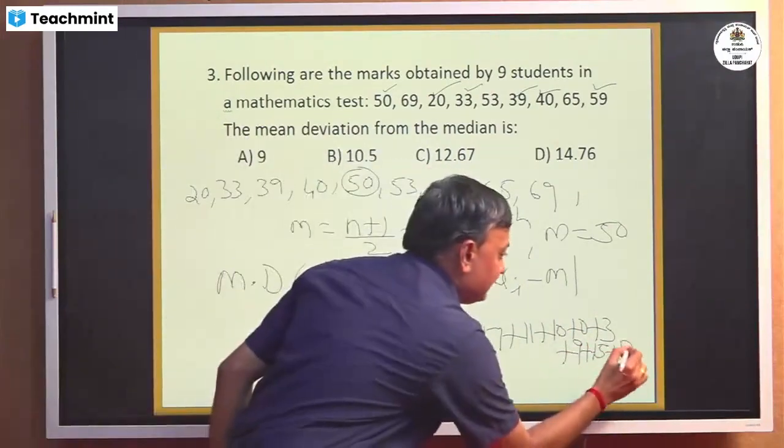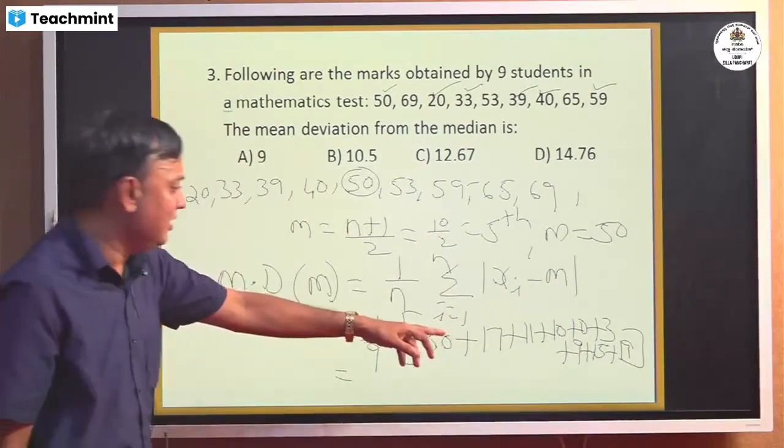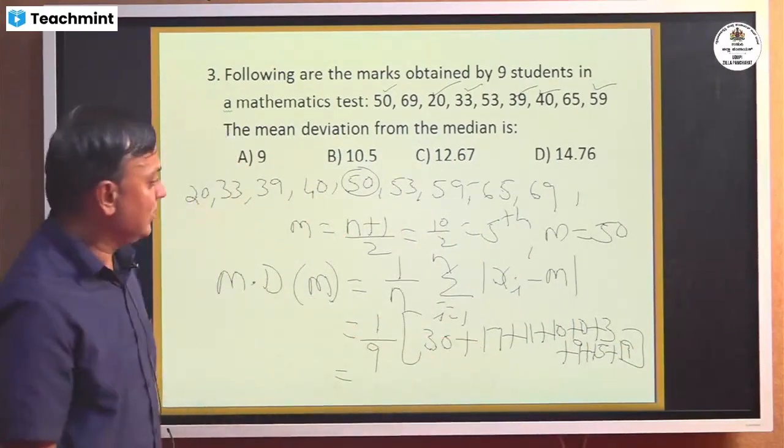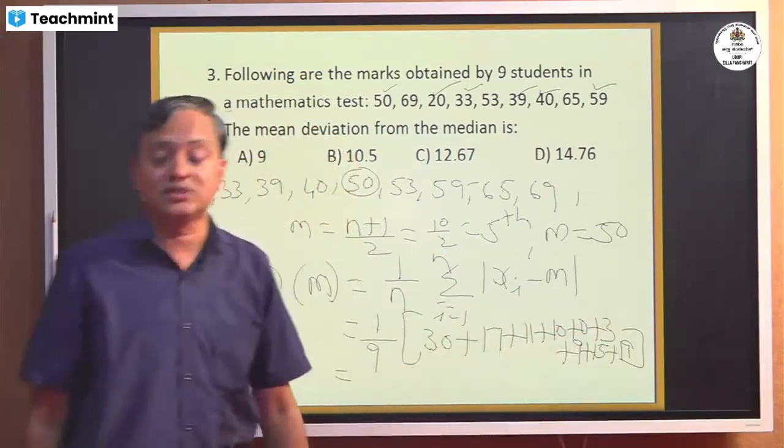So this is equal to 30 plus 17 plus 11 plus 10 plus 0 plus 3 plus 9 plus 15 plus 9.